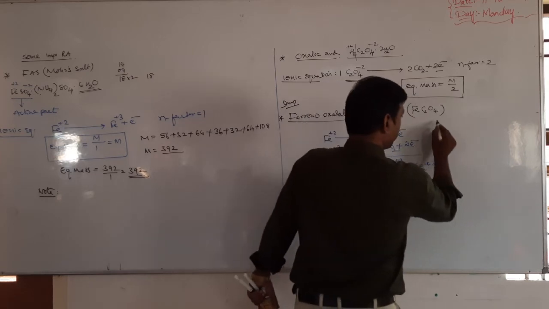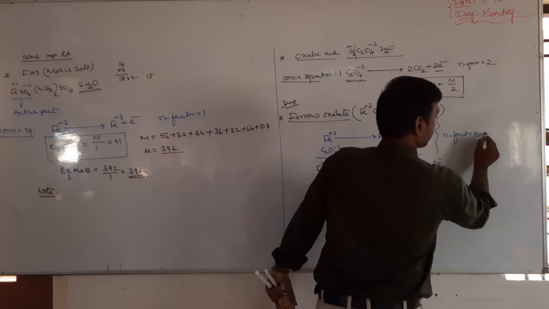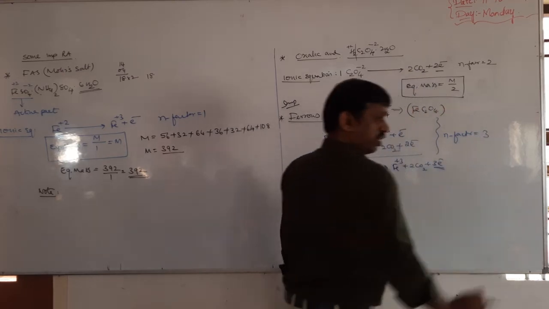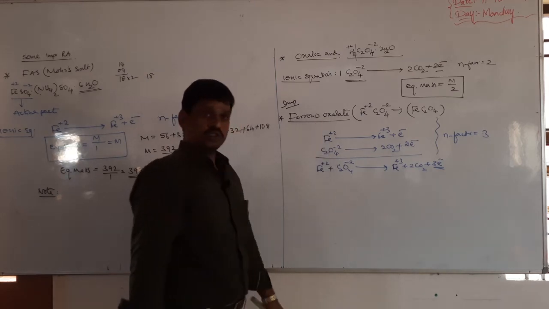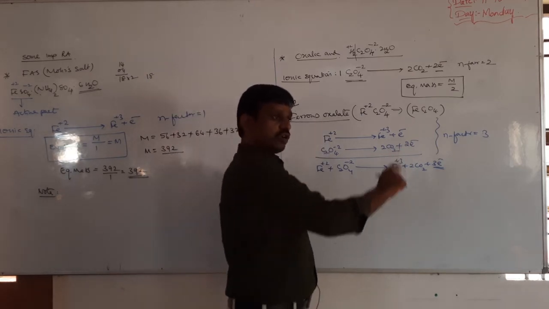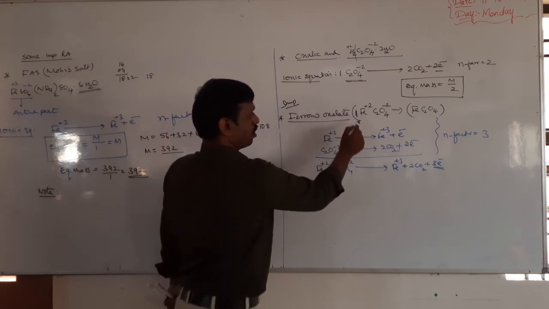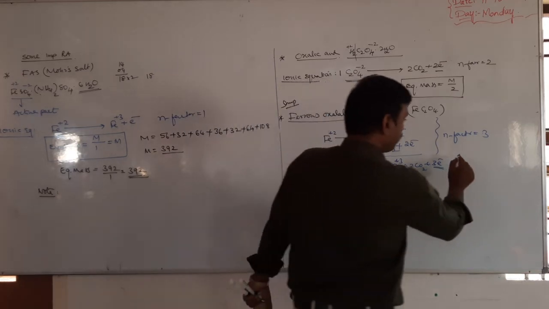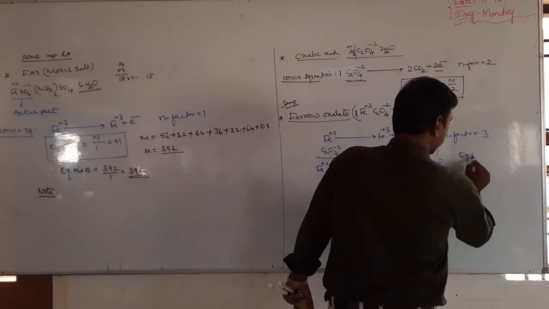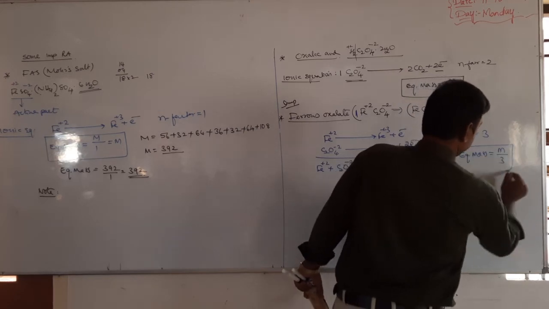Therefore, what is the N factor for this? 3. N factor is 3. It means 1 mole of ferrous oxalate can produce how many electrons? 3 electrons. Because we have taken 1 mole only. So 1 mole produces 3 electrons. So therefore, N factor is 3. What is the equivalent mass? Molecular mass by 3. Important.